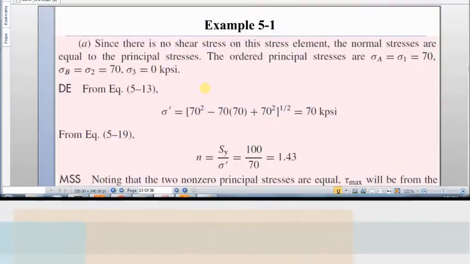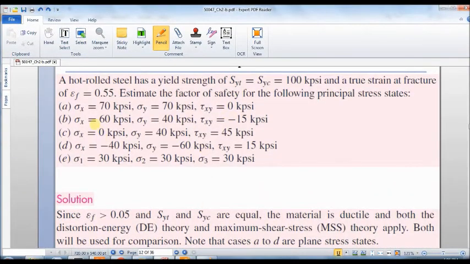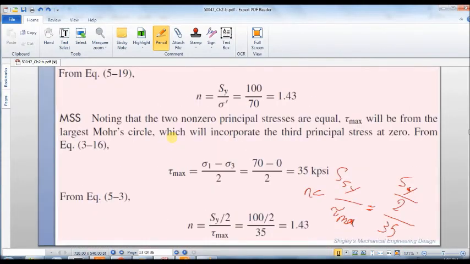Okay, in part C we again have the state of stress in terms of components x and y. So similar to part B, I can find the principal stress.